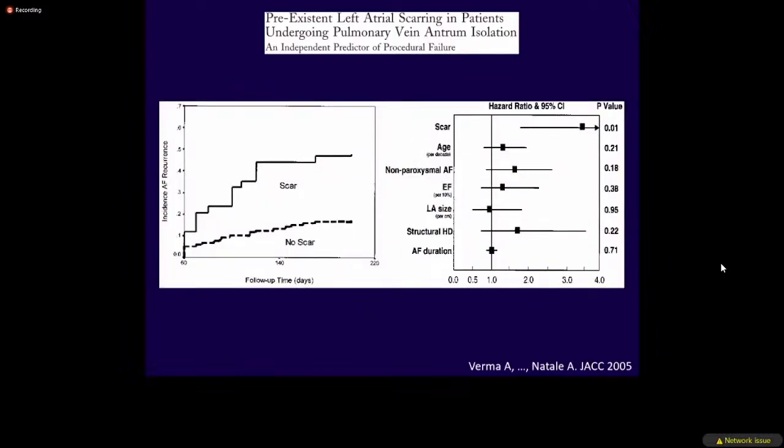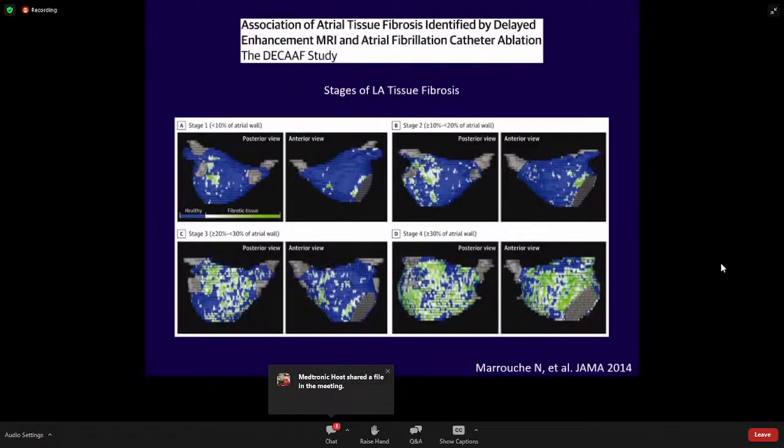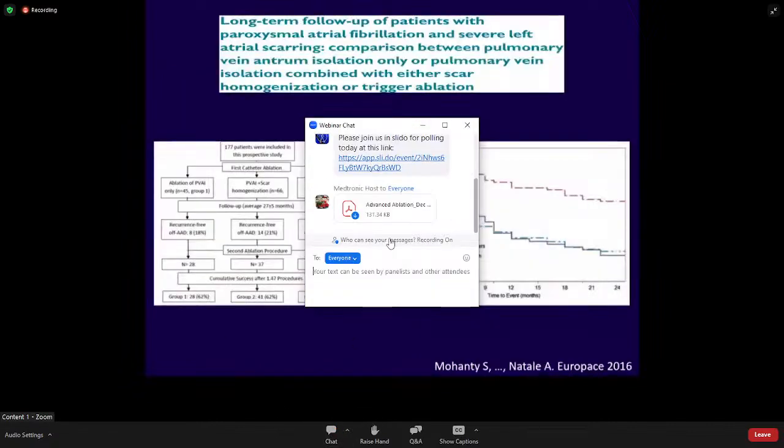In fact, this shows that in both univariate and multivariate analysis, severe scarring was a stronger predictor of failure. Marrouche, who was also our fellow, went on using MRI to look at scar and showed the same thing: severe scar equals higher recurrence rate.